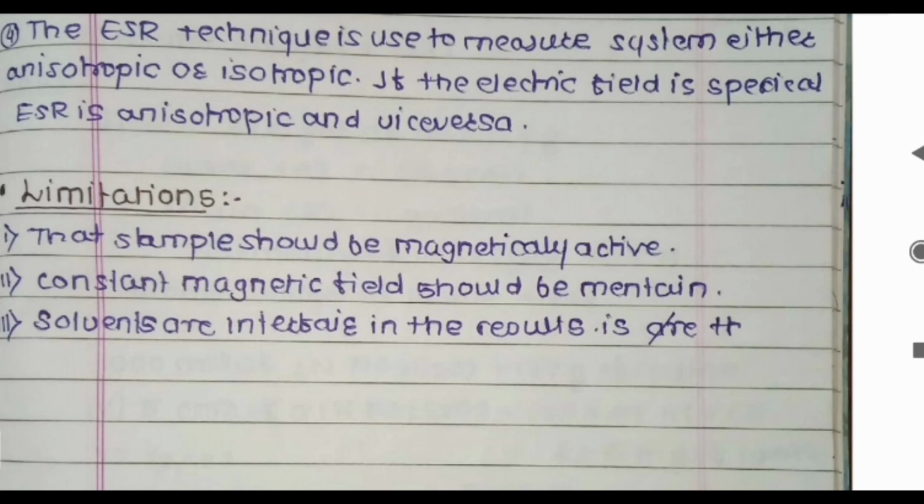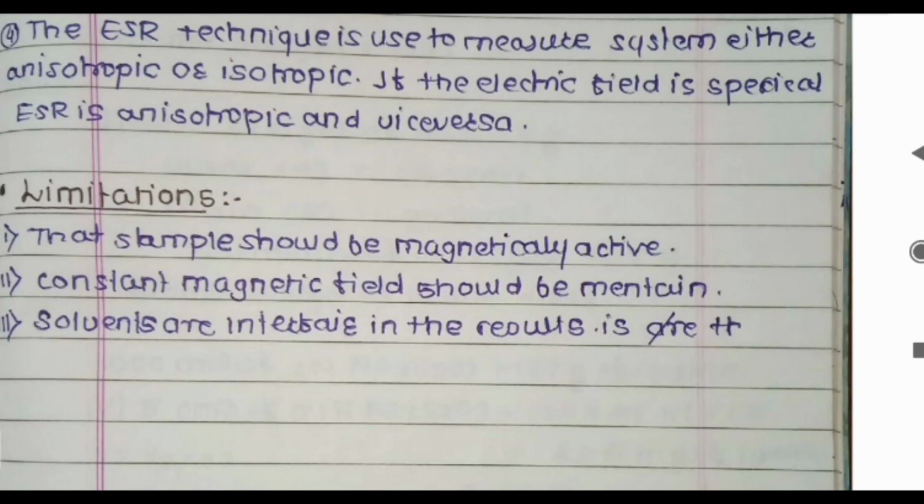The next important limitation is that a constant magnetic field should be maintained, and the magnetic field should be uniform and reproducible. If that is not maintained, then the energy gap will not be precise, and we won't get the desired spectrum as we are expecting from the given sample.